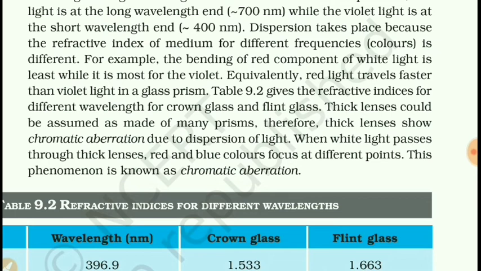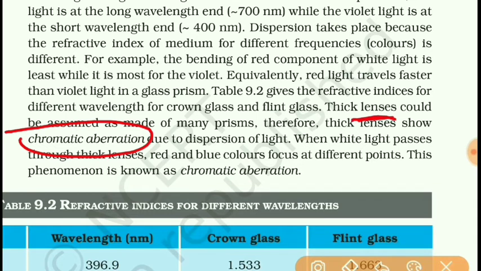Now students, due to this dispersion, there is a chromatic aberration. Chromatic aberration means when you observe an object through lenses, you will find colored borders.